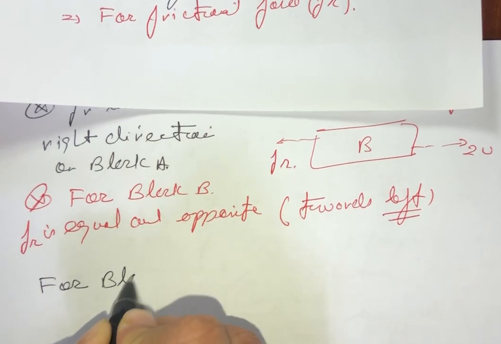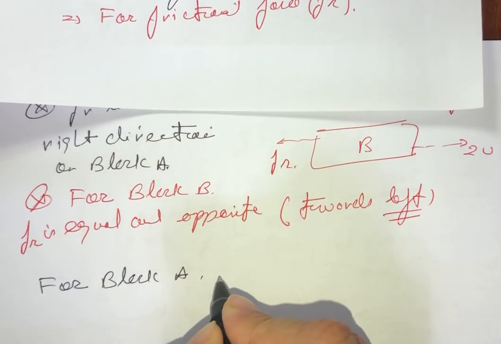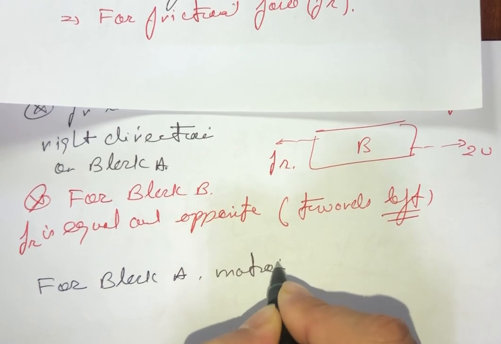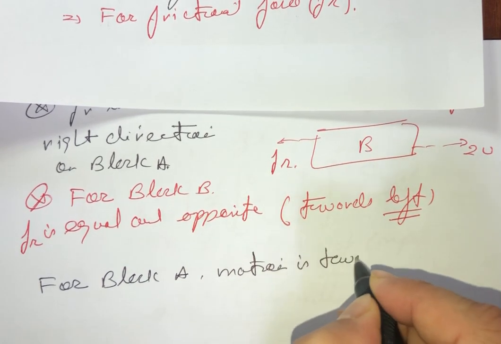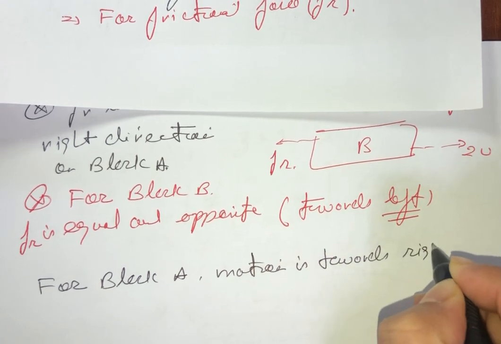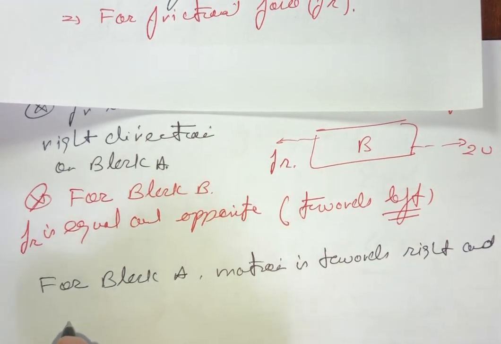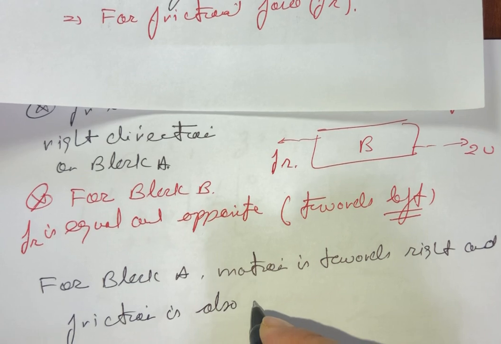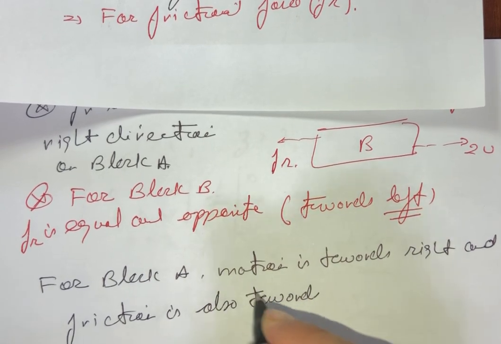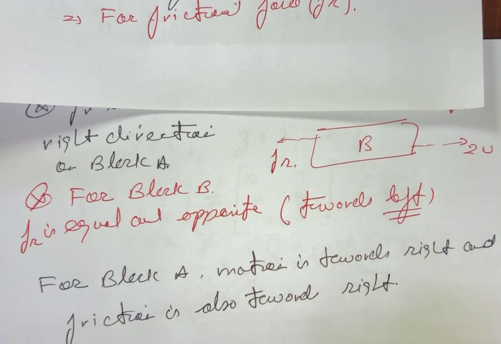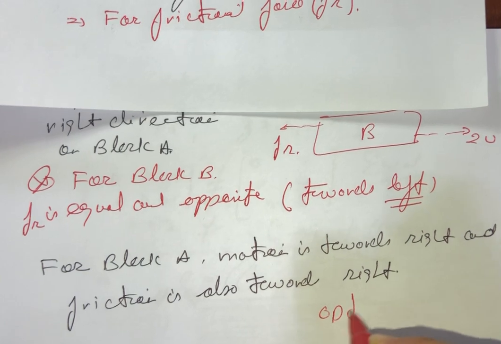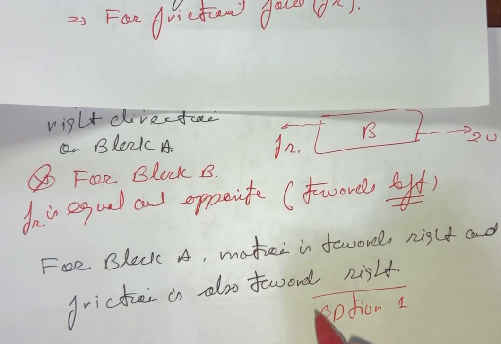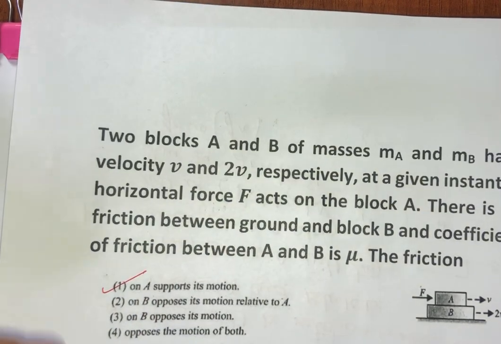For block A, motion is towards right and friction is also towards right. From here we can say option 1 is the correct option.